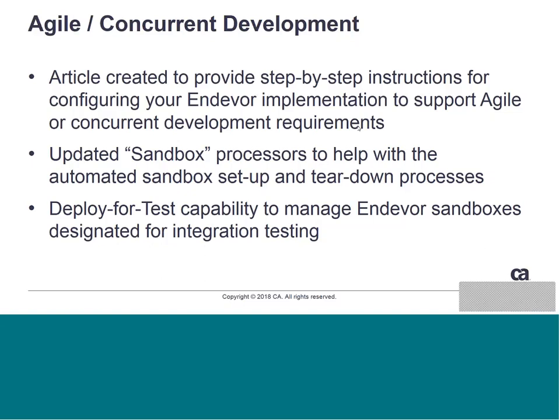So the deploy to test feature was implemented so that you could define a more static test sandbox that you could use and point your Kix and IAM or DB2 subsystems to, so that when developers are ready to do some integration testing, they could do a deploy to test function, which would eventually transfer those elements to that other Endevor location for testing. So this is something that we are looking at further automating with the next release of Endevor, so stay tuned on that one.